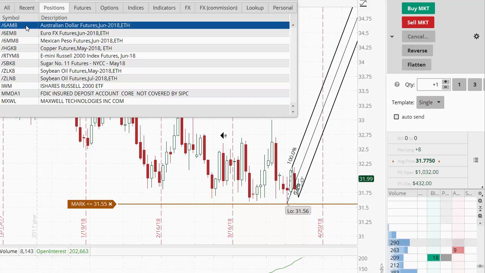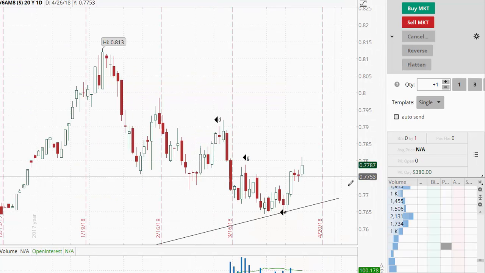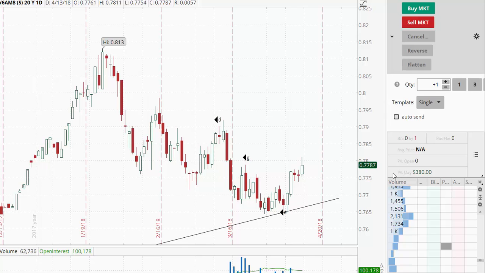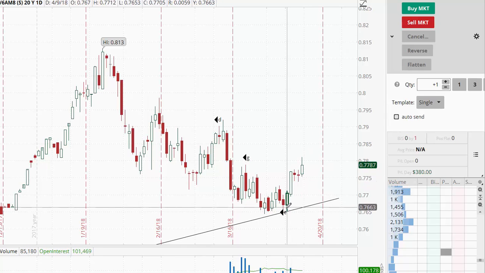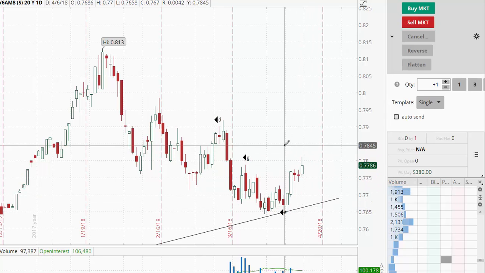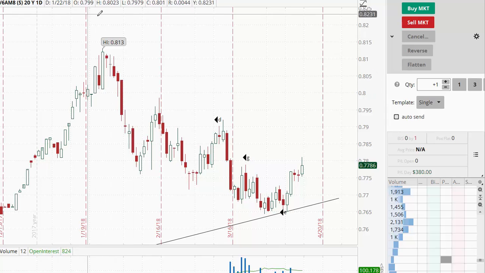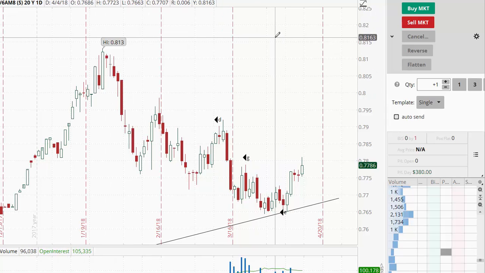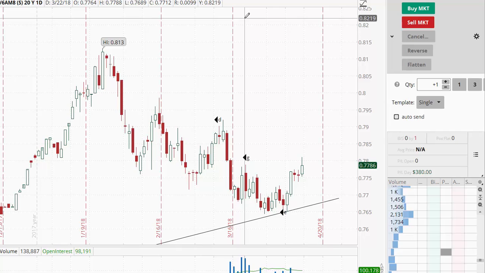Other ones, this one here, I took profits this morning, got in somewhere down here, and this is the Australian dollar. There's a position I talked about in a previous video where I'm long the Australian dollar and short the New Zealand dollar, one of these Forex type things I rarely do, and that's doing rather well.